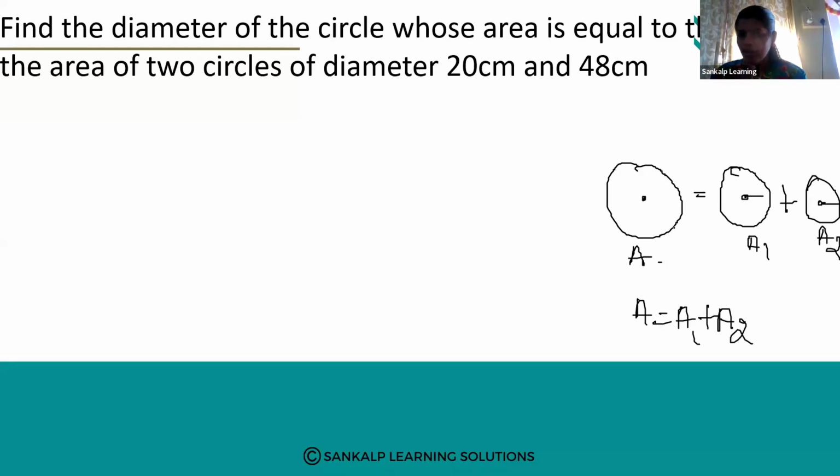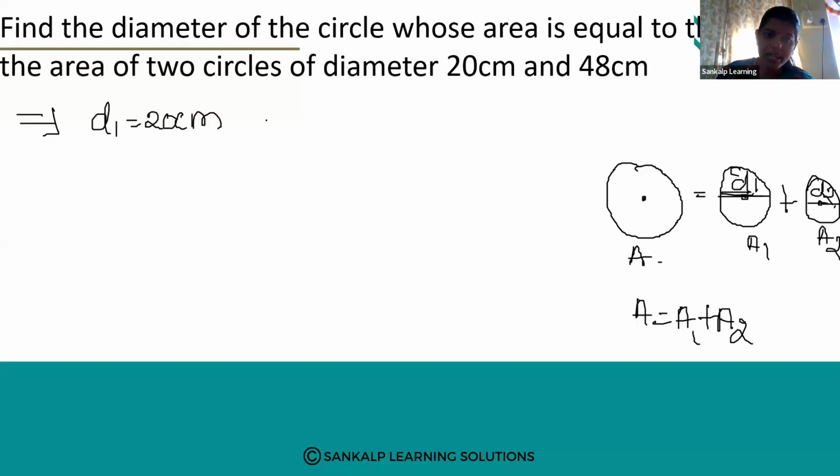Right? Understood? So, the circle whose area is equal to the sum of the areas of two circles of diameter they have given. That is, D1 is equal to 20 centimeter. So, call this circle's diameter D1, and this is D2.